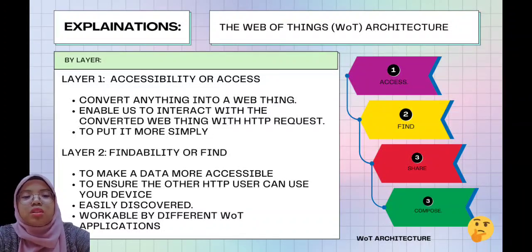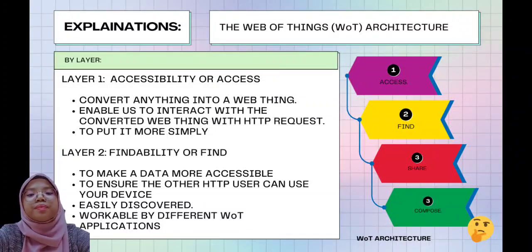To put it more simply, the web thing is a REST API that permits us to communicate with anything in the actual world. As examples, we have HTML, REST API, URL or URI, a gateway, and lastly HTTP.